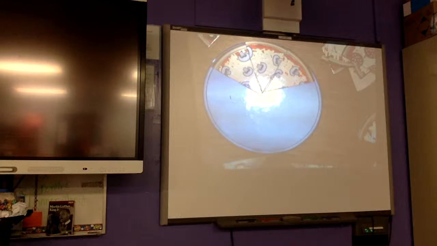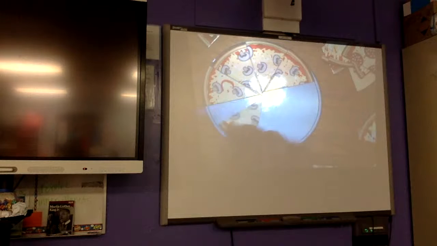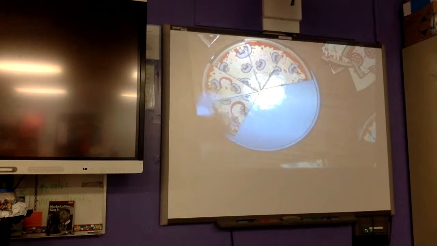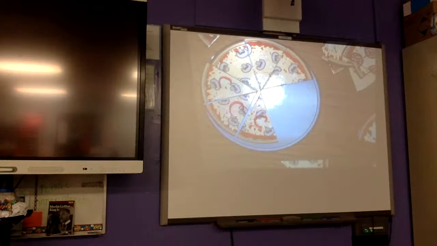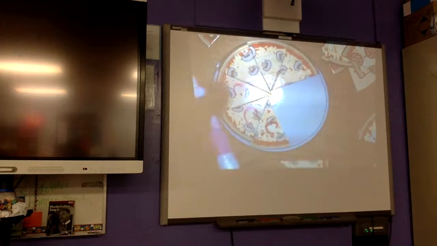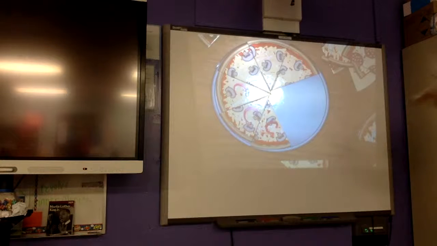So, C is for Charlie. C is for Charlie. And C is for Charlie. You see how I did that? Y'all can do that to your shapes right now. You can write on them with dry erase marker because I'm going to have you wipe them off with a wet wipe anyway. See how I have C labeled here?